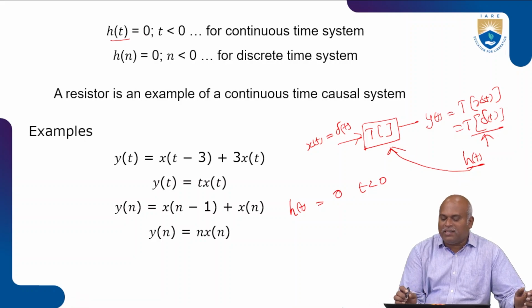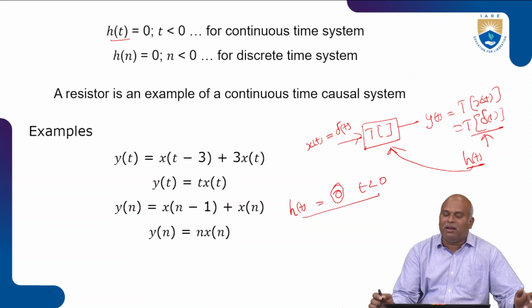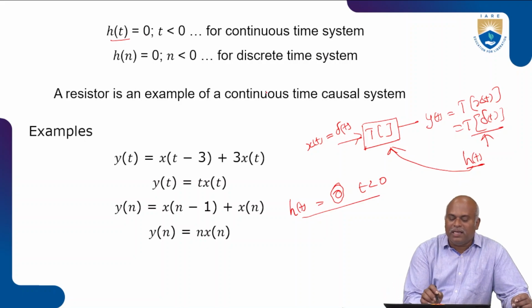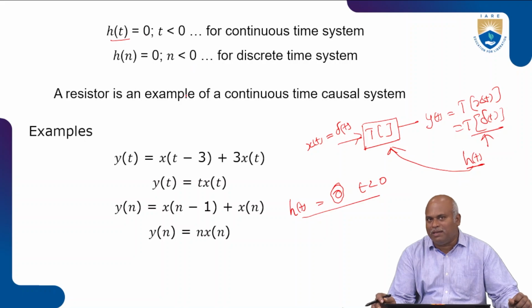That means the signal is present from 0 onwards, and from 0 to minus infinity there is no signal, it is represented as 0. That kind of signal we call a causal signal in the continuous time system. Then the discrete time system is also represented as h of n equal to 0 when n is less than 0. That means the negative side of samples are all represented as 0.